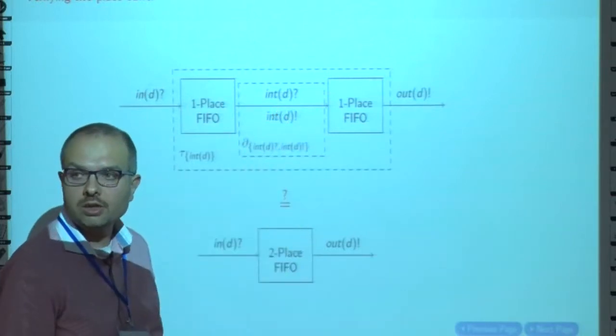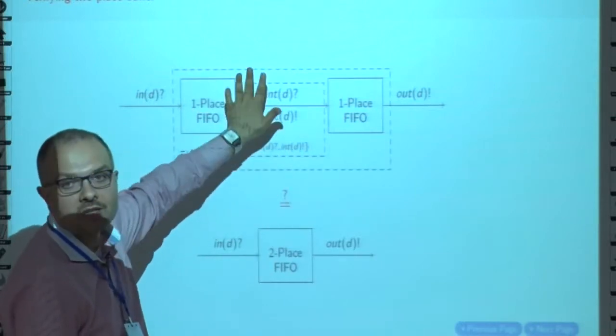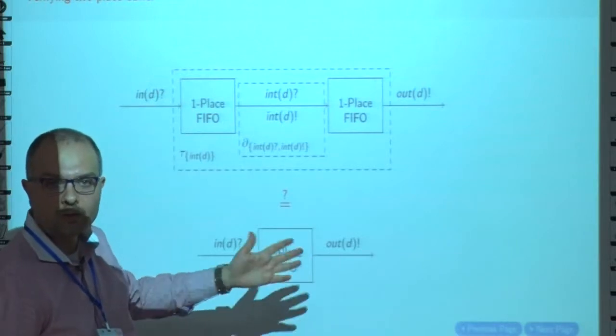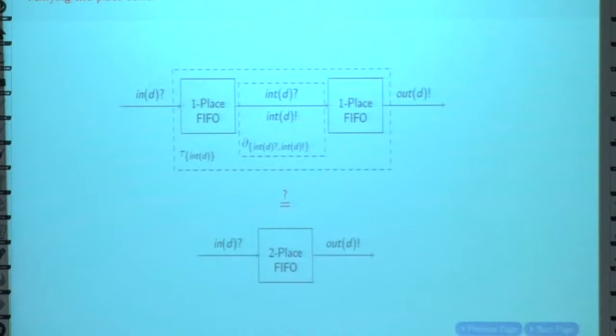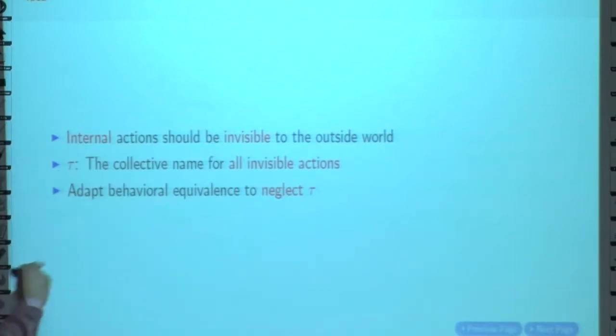And then there is a notion of equivalence that allows you to compare 2 systems such that one of them contains a lot of taus and the other one maybe fewer or none. So fewer taus or no tau at all. And thereby you can establish whether your implementation is correct with respect to the higher level specification or not, right? Right, so we want to come up with notions of equivalence that basically neglect those internal actions, those tau actions. Is the idea clear?